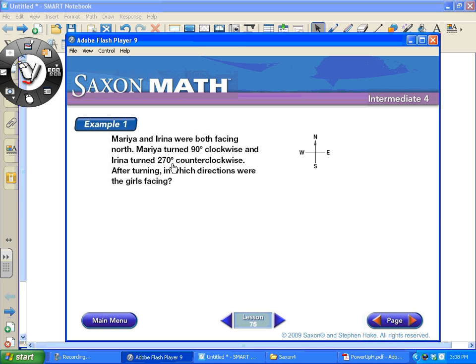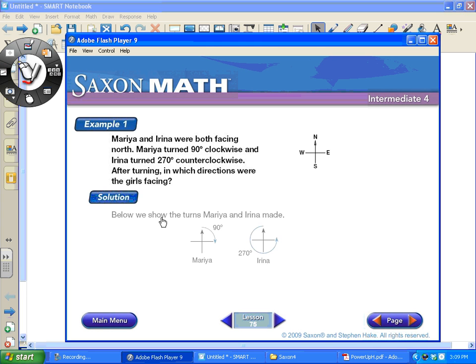But if we took a third hop around, a 3/4 turn, think 3 times 9 is 27. Okay, so if Arena is facing north and she goes counterclockwise 270 degrees, we're going to count them: 90, 180, 270. She's also facing east, right?